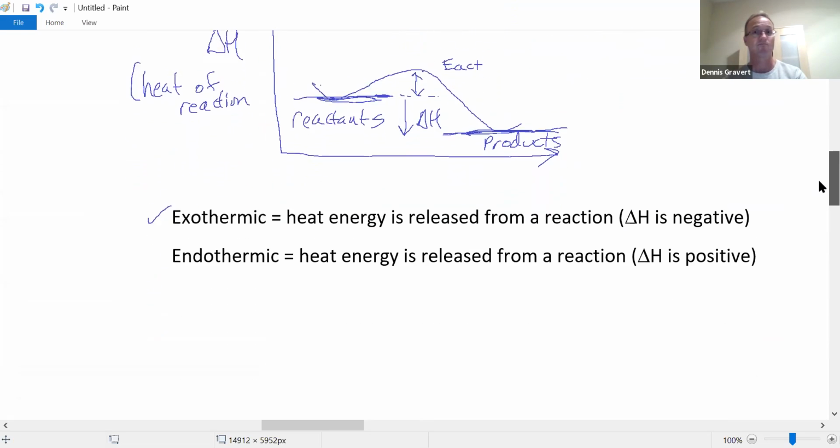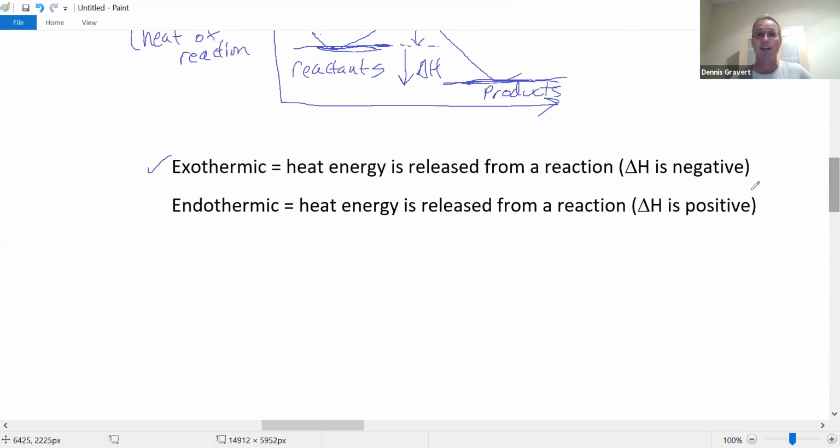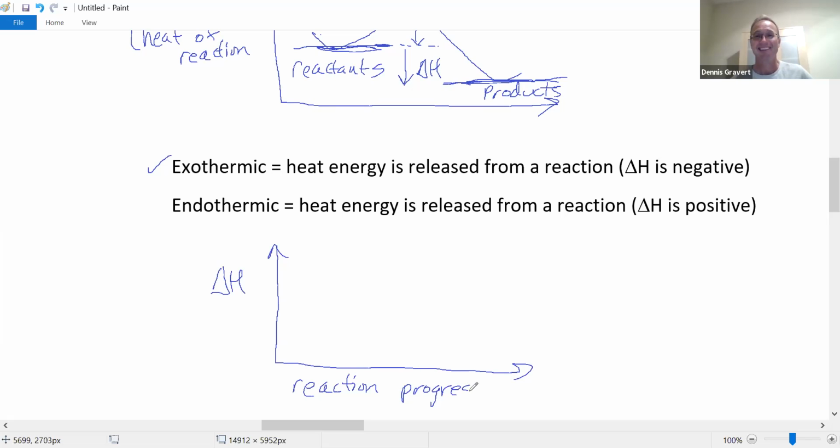It's possible that you have an endothermic reaction. And we'll plot delta H here. And I guess I should have been writing reaction progress down here, sort of like our scale for time. But let's start the reactants here. And now we'll say we'll end up with products that have higher energy.